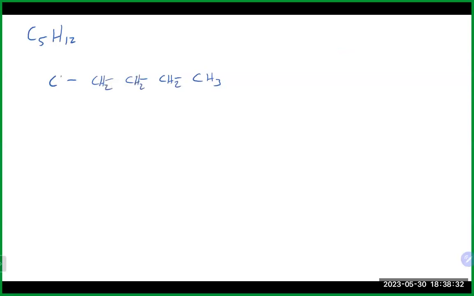I'll just draw the condensed formula, I think. Let me do this.